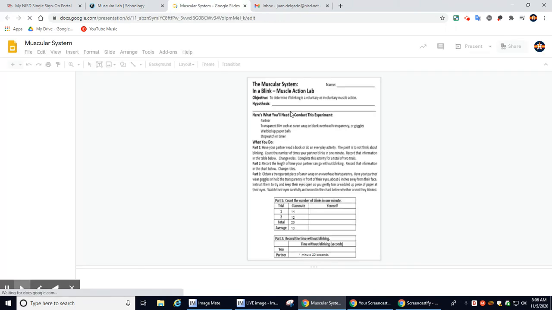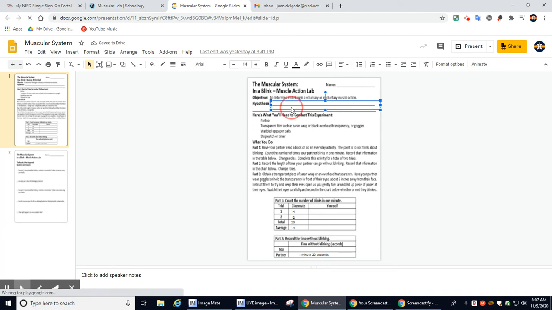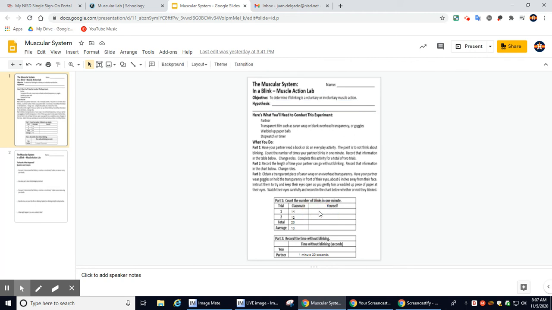At the beginning, go ahead and place a hypothesis on whether you believe blinking is a voluntary or an involuntary muscle action. Then, for yourself, you're going to time yourself for a minute and just sit there, read a book, do whatever you're doing, and try to count how many times you blink during that minute.